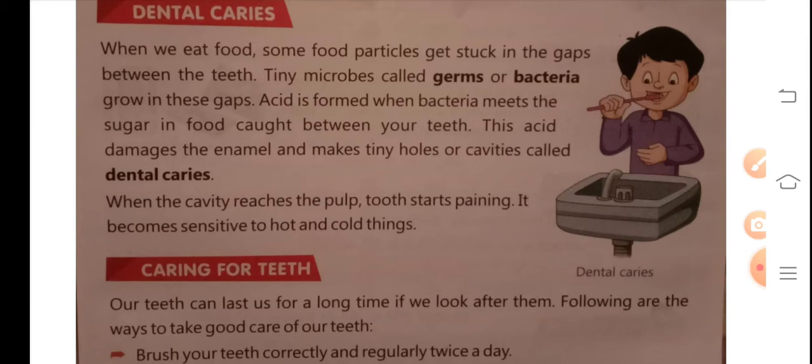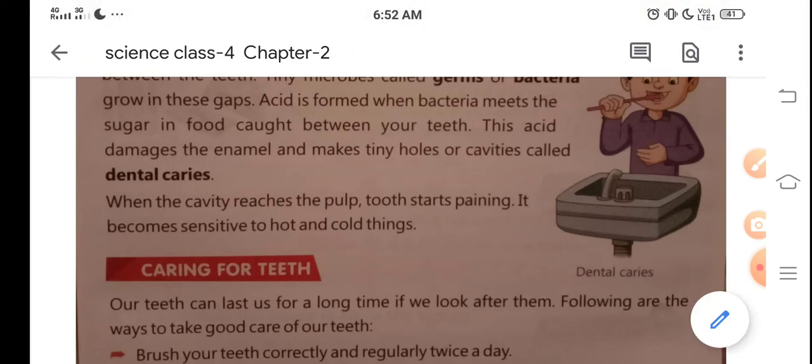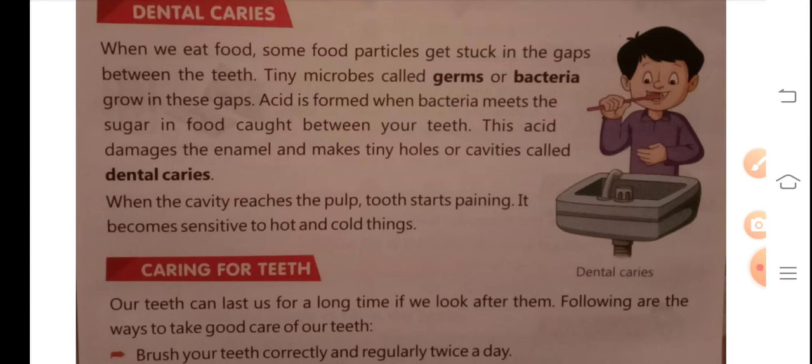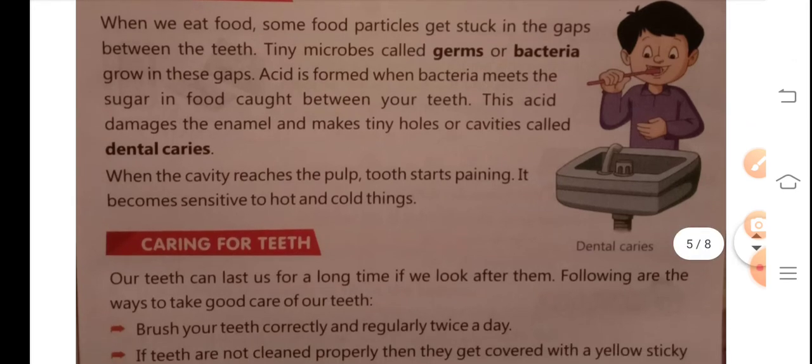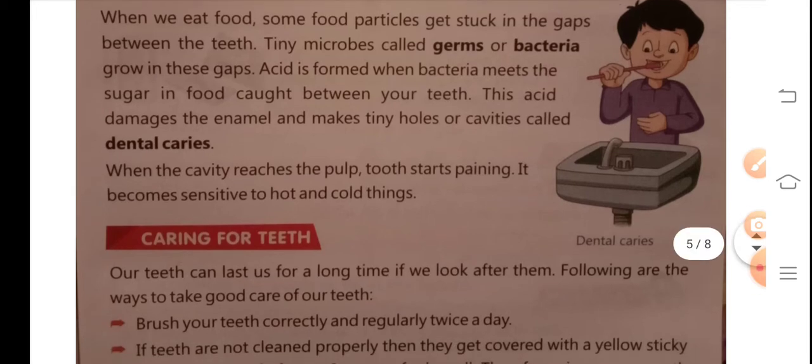Acid is formed when bacteria meet the sugar in food caught between your teeth. This acid damages the enamel and makes tiny holes or cavities called dental caries.